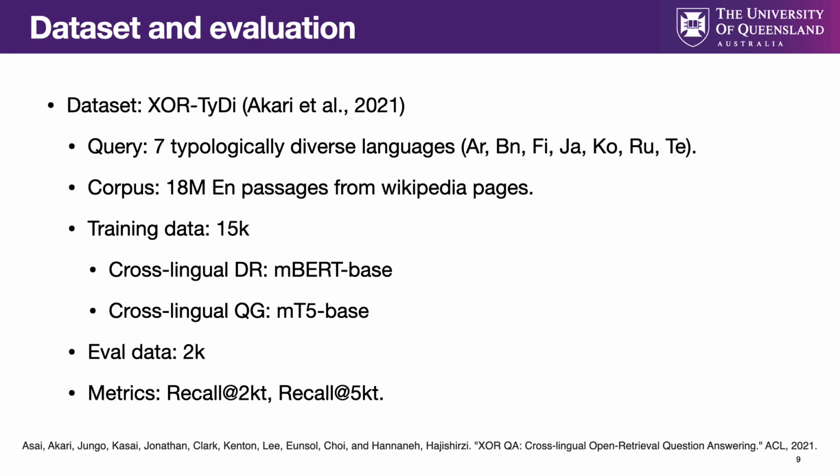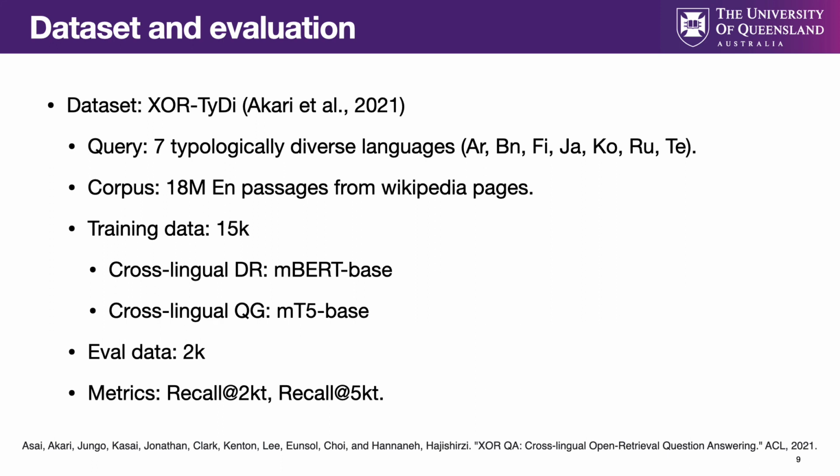To evaluate our method, we use a popular cross-lingual passage retrieval dataset, XOR-TyDi. The query of this dataset has 7 typologically diverse languages, and the corpus has 18 million English passages collected from Wikipedia pages.